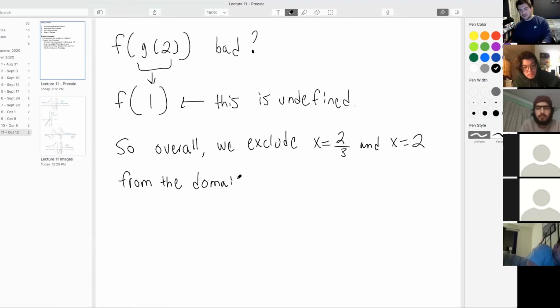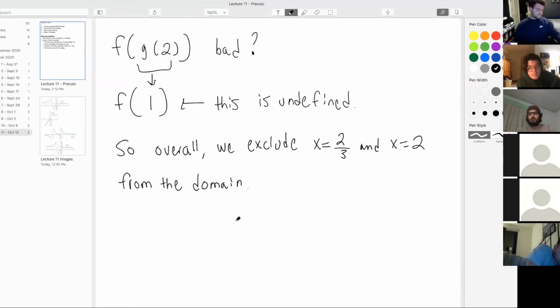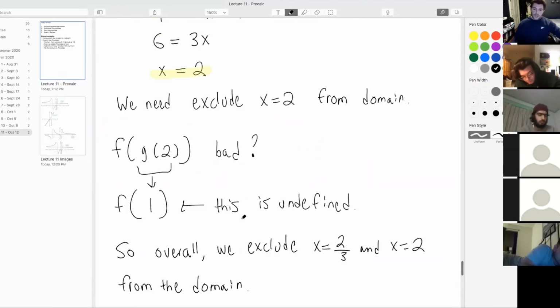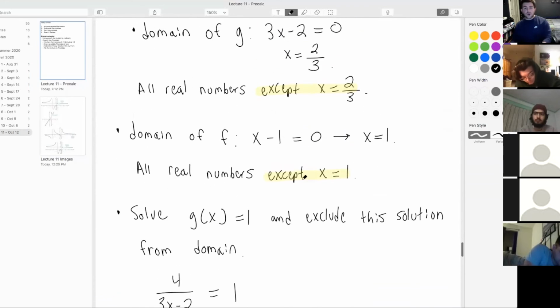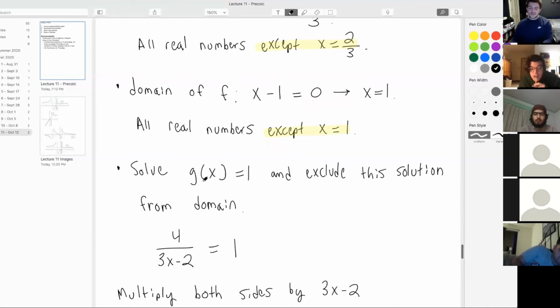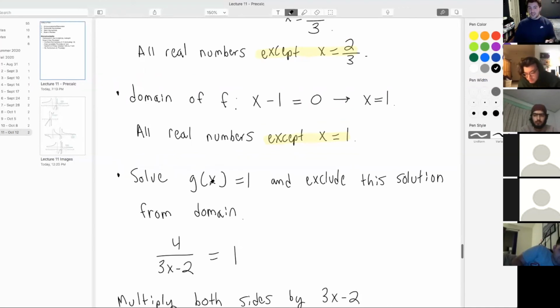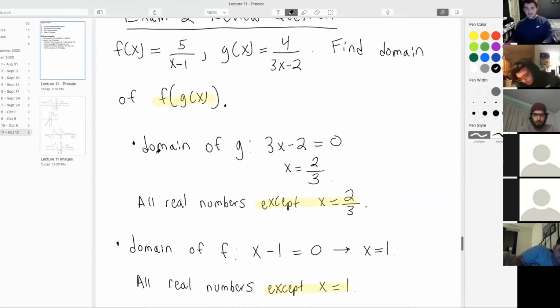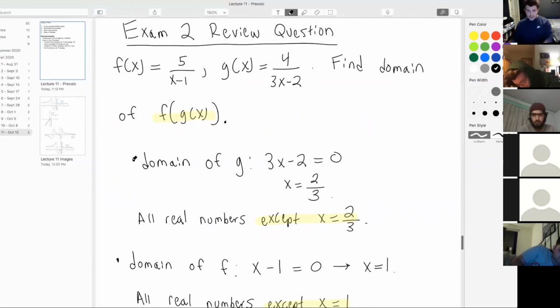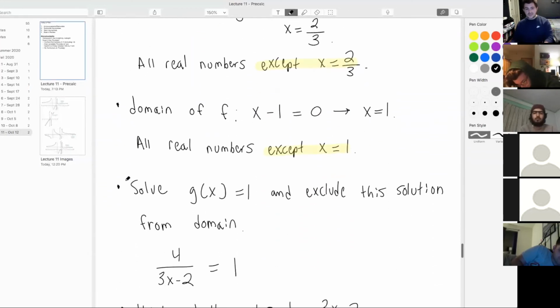Those are our restrictions. We don't exclude this x equals 1 from the domain of f. We just did this as an intermediate step to see what we need to set g of x equal to. So you just exclude from the domain of g from up here, and then you exclude from when you solve g of x equals something. You don't exclude the number from the domain of f.